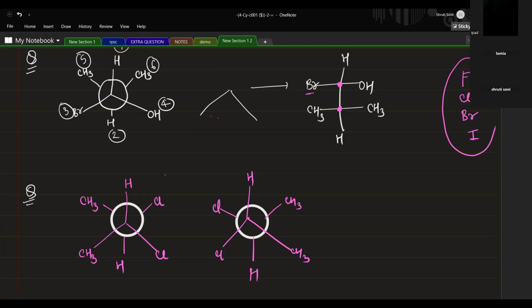It is easier with Newman only. To absolutely identify the configuration, the given structures or projections are enantiomers, diastereomers, or identical.